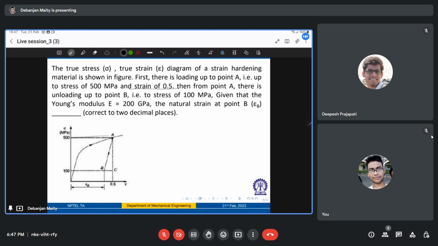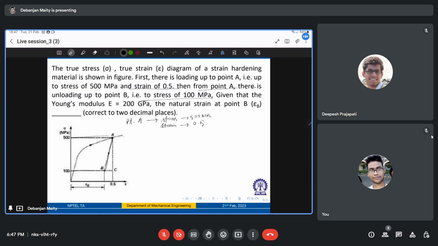So for this point A, stress is 500 megapascal and strain is 0.5. Then from point A, there is unloading up to point B, that is stress of 100 megapascal.